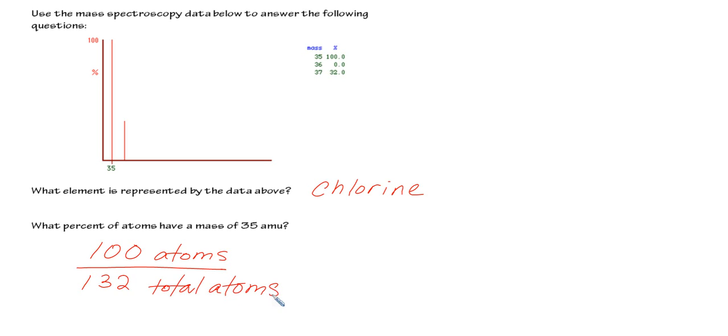So I'm looking at this data a little bit different. Instead of thinking of it as percentages, I'm going to think of it as just a sample size. I got 100 atoms that are mass 35, and then I got 32 atoms that showed up with mass 37.